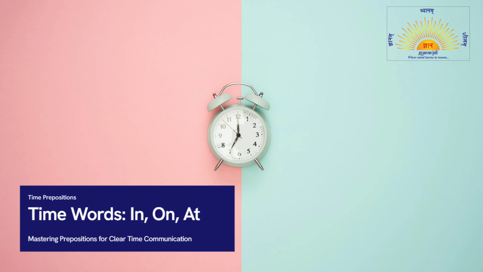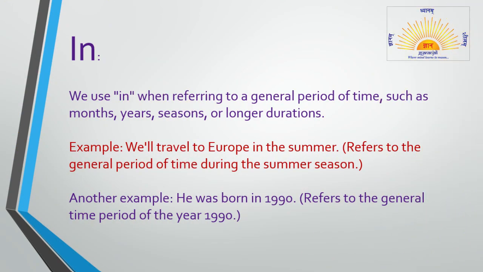We use in when referring to a general period of time, such as months, years, seasons, or longer durations. Example, we'll travel to Europe in the summer.